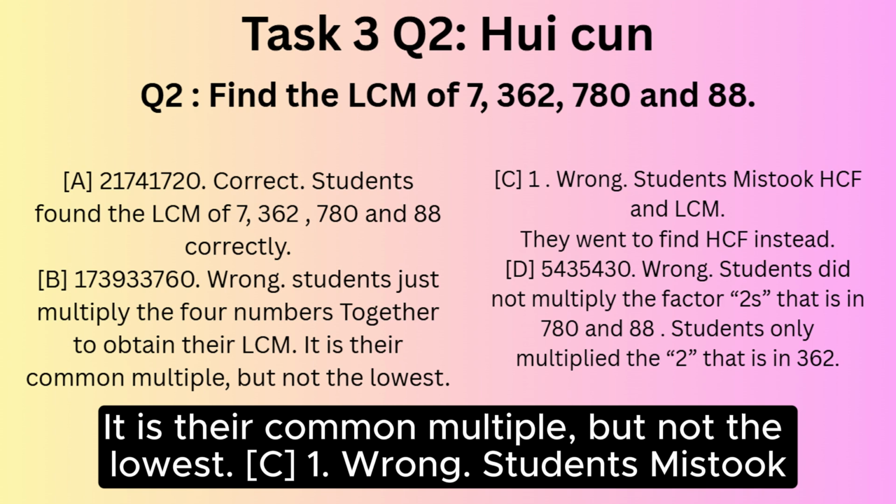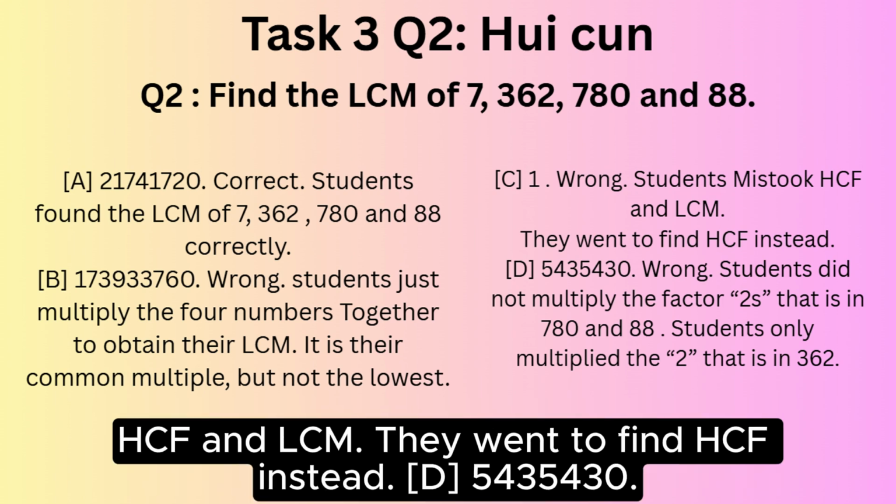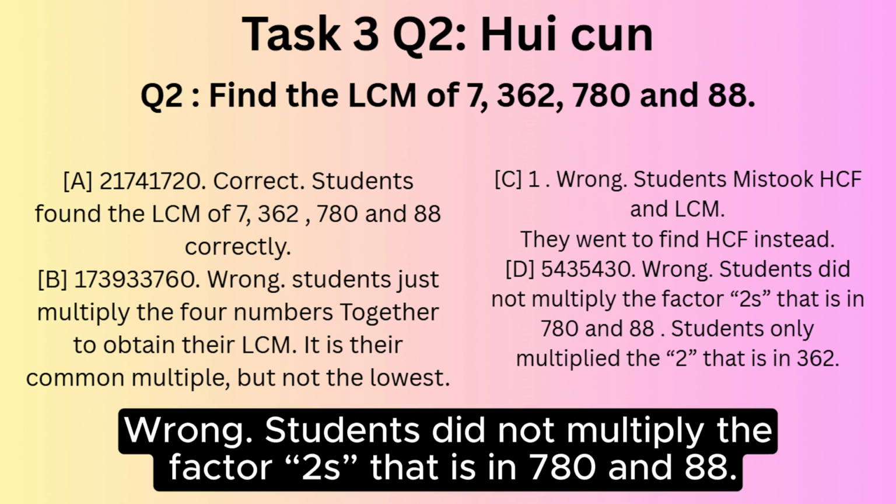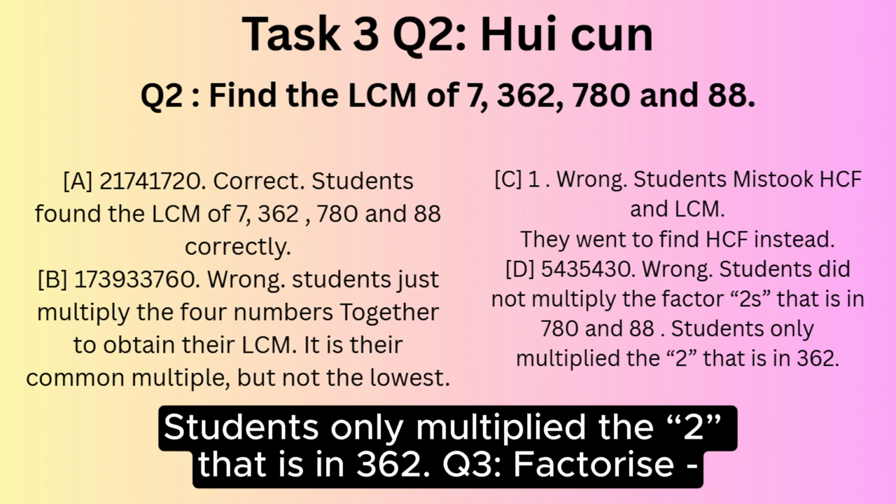It is their common multiple, but not the lowest. C. 1. Wrong. Students mistaken between highest common factor and lowest common multiple. They went to find the HCF instead. D. 5435430. Wrong. Students did not multiply the factor 2 that is in 780 and 88. Students only multiply the 2 that is in 362.